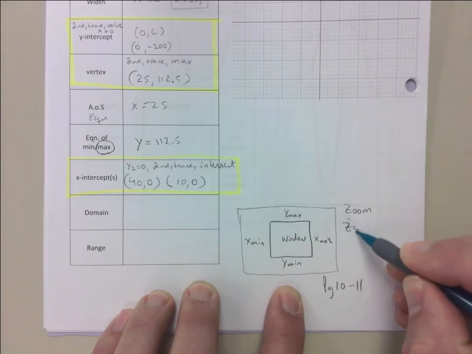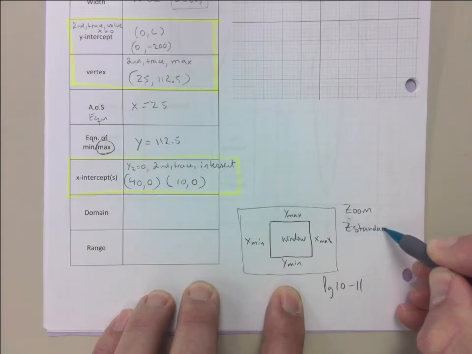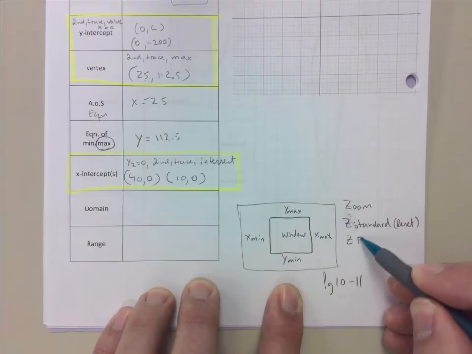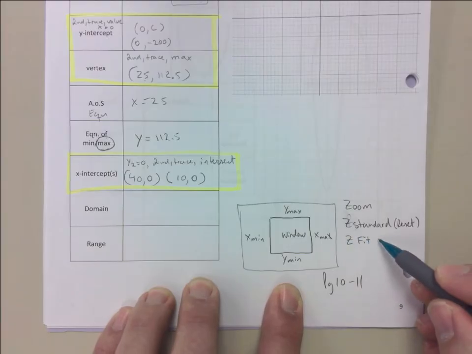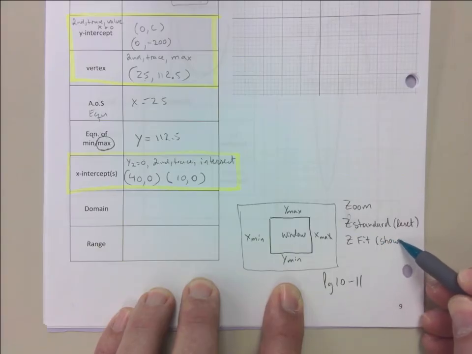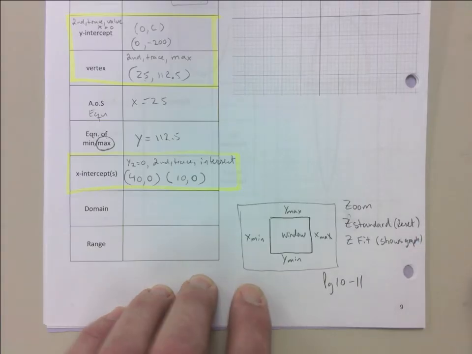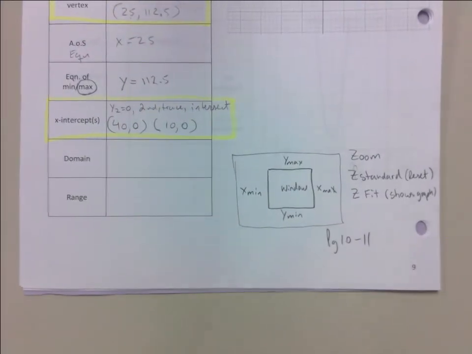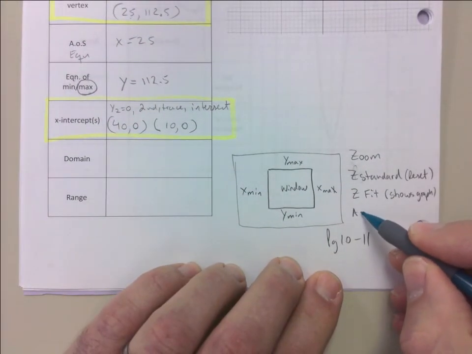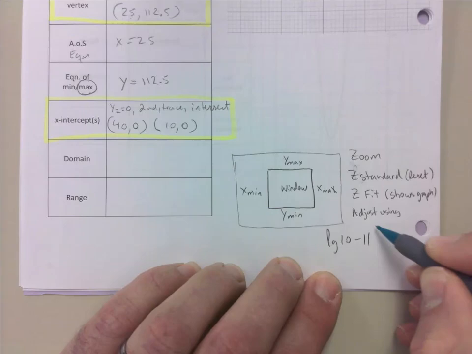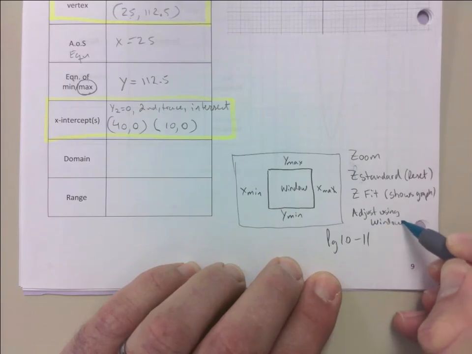Zoom standard resets. I call that a reset. And then zoom fit shows the graph, right? But you may need to adjust, right? Adjust as needed. Adjust using window, okay?